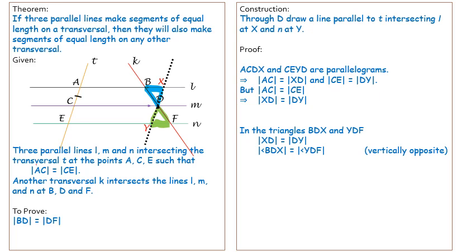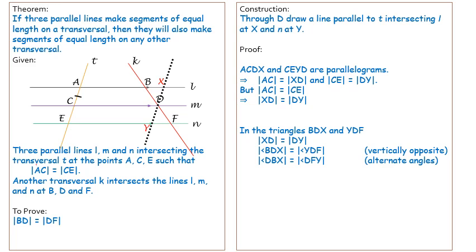And angle BDX equals angle YDF, because that angle there is vertically opposite that angle there. So we have a side and an angle, and then we have another one: angle DBX is equal to angle DFY.